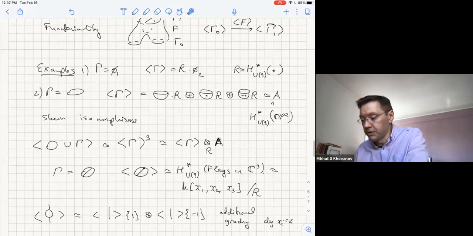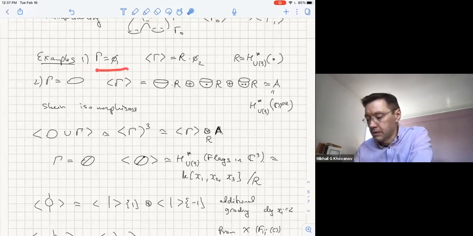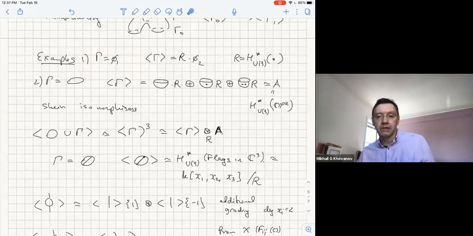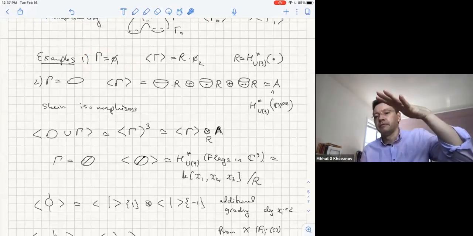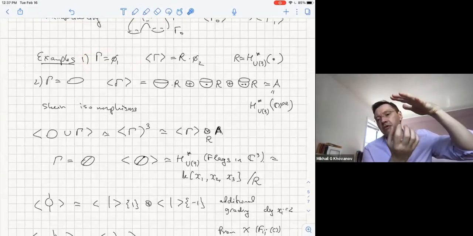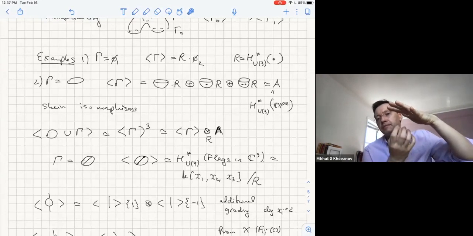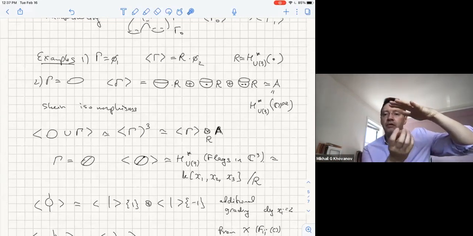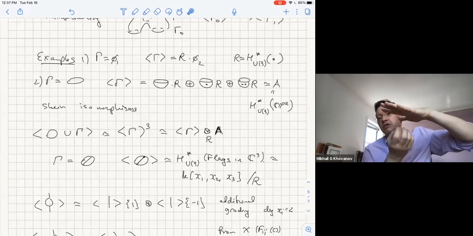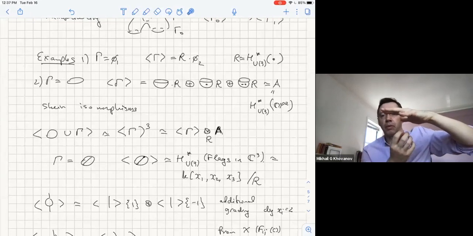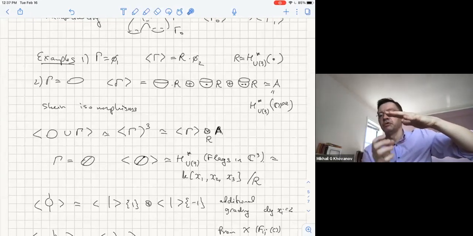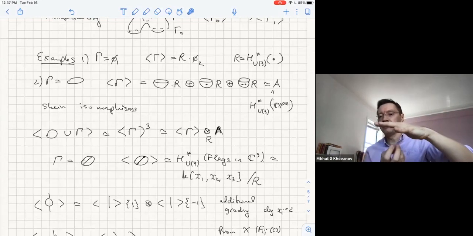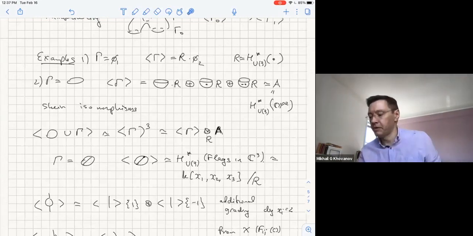So some examples. Simplest example, when gamma is the empty graph. Well, it's an empty graph, and all you see is the closed form, which you can evaluate right away. And then you can check that in the quotient, in the state space, a closed form is equal to just its value times the empty form with empty boundary.